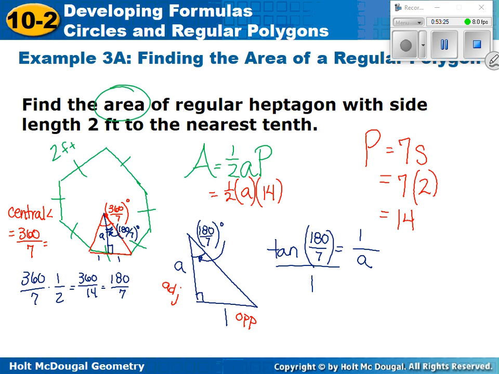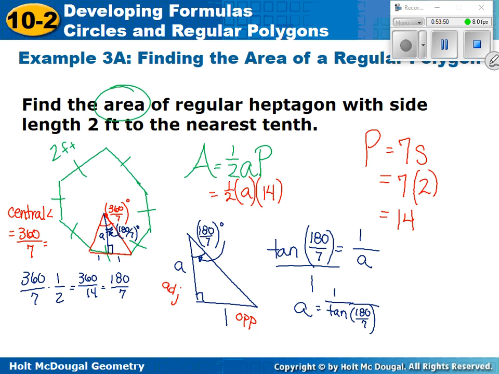So that means these two switch. Whatever makes sense to you. If that did not make sense, then cross multiply and solve for A. And you get 1 over the tangent of 180 over 7. Does anybody need me to actually cross multiply and show how I got that? Okay, so this is A.